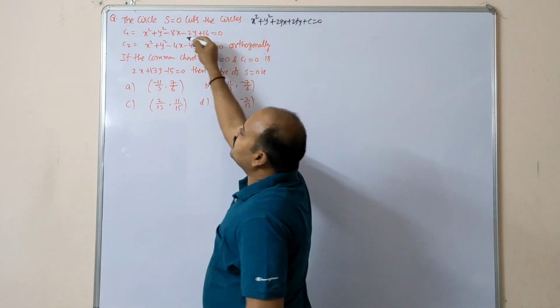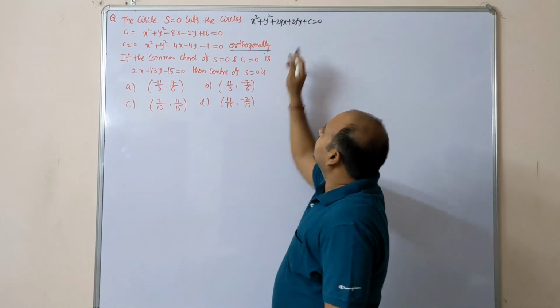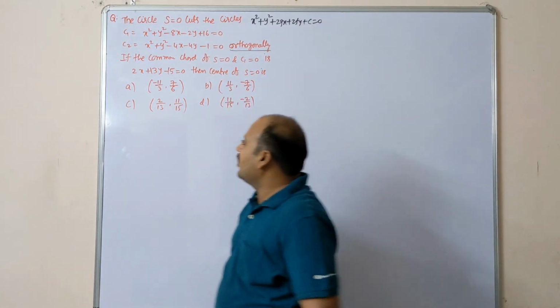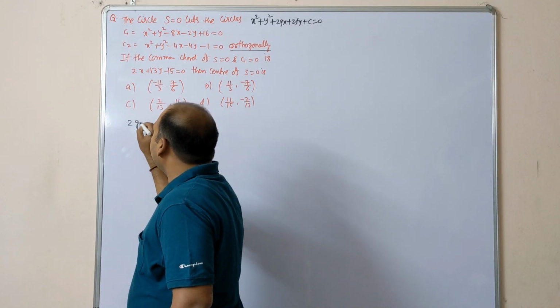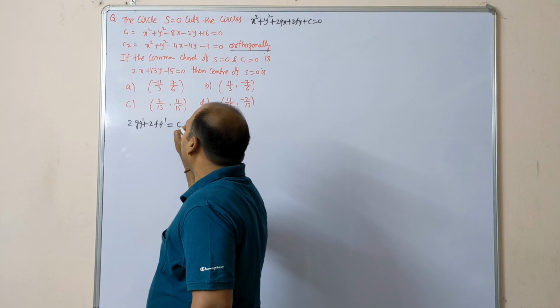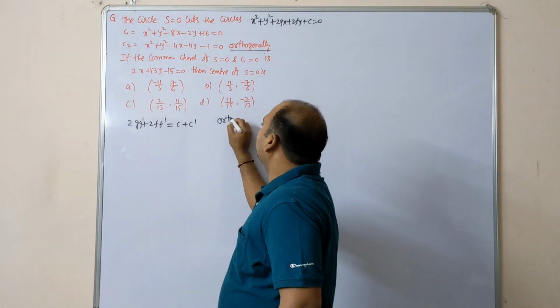This circle and C1 cut orthogonally, here orthogonal condition. These two equations are orthogonal. Orthogonal condition is what? 2g g dash plus 2f f dash equal to c plus c dash is the condition for orthogonality.